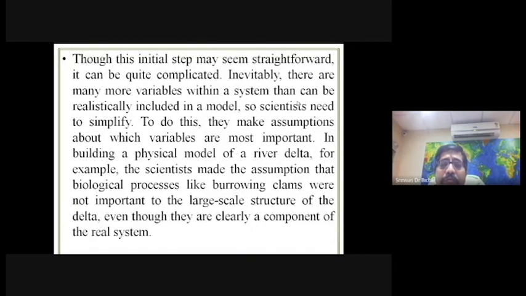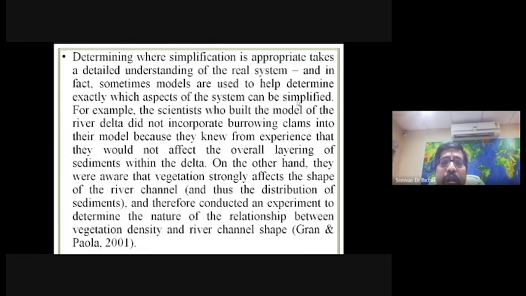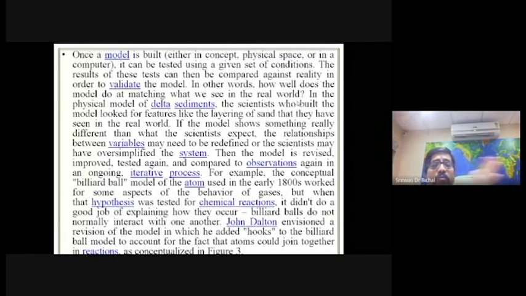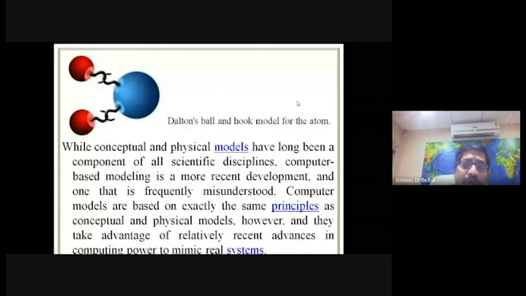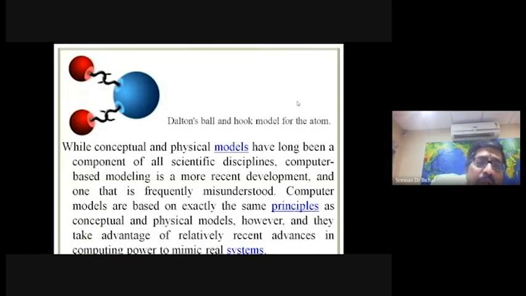Okay, physical models again. So then we talk about biological processes. Then large scale structures are there. Delta is a big structure. Then you made it into a real system using a physical model. When you want to make a model, that is what I wanted to show you. This is a Dalton model.